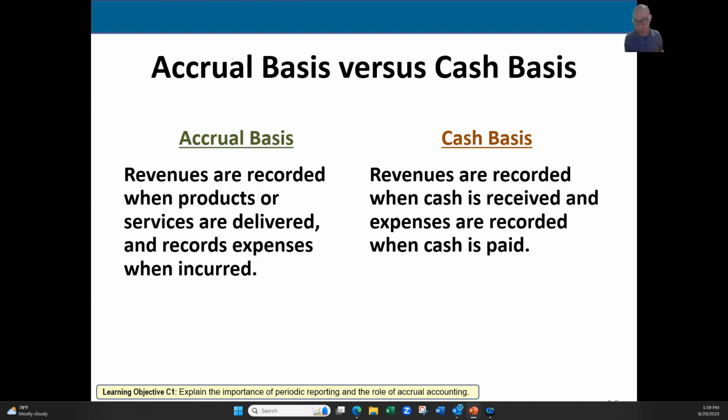The customer pays me on September 1st. I recognize that sale in September because it's based off when I received the cash. That's cash-based accounting. For the Pepco bill, say I received the Pepco bill in September for the electric I used in August. I record that bill in September because that's when I'm paying it. That's cash-based accounting.